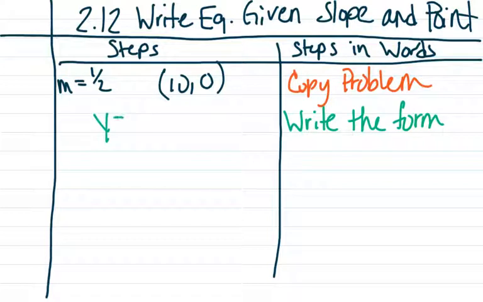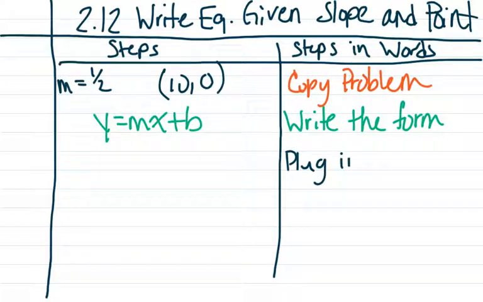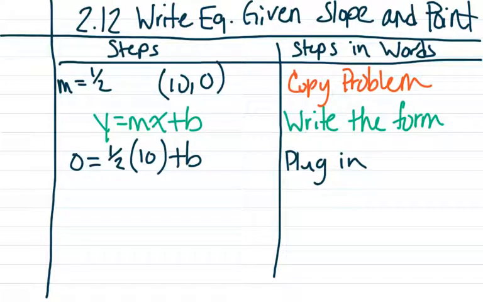So we get y equals mx plus b. And then we are going to plug in, and I'm going to shorten that this time. And so our y is 0, our m is 1/2, our x is 10 plus b. And then we're going to solve for b.